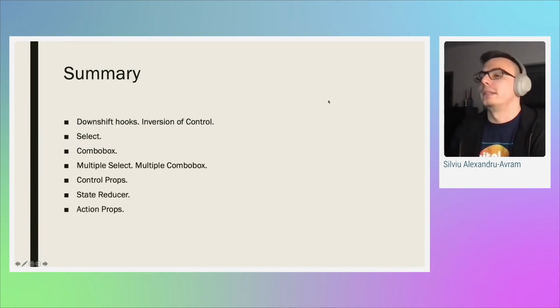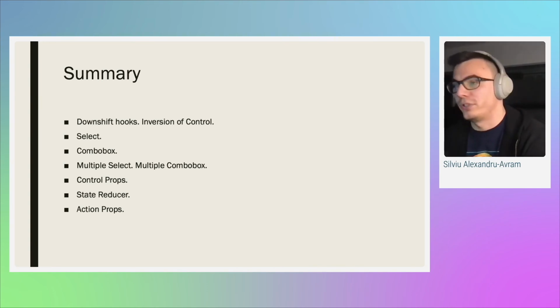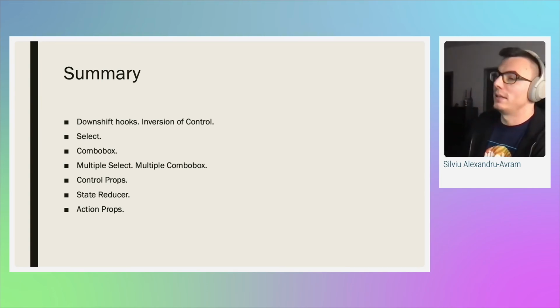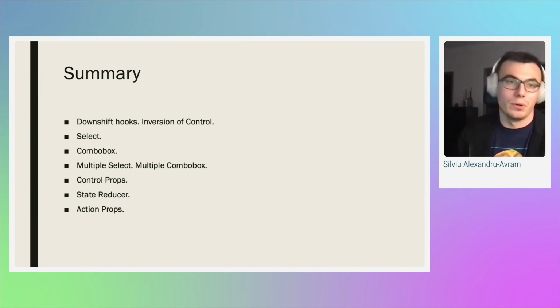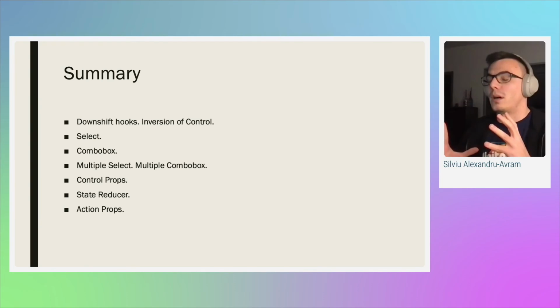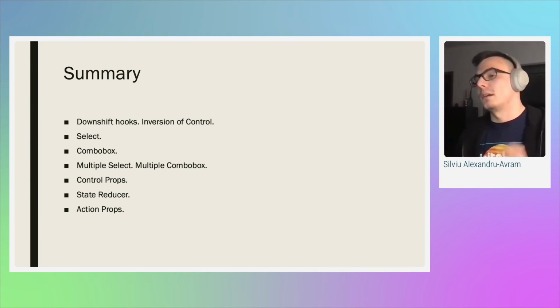So what we talked about today: we talked about what makes Downshift different. What makes Downshift different is that it doesn't render anything. You are in control of what you render. You can use whatever UI you want. Maybe you already have a design system with basic components already implemented. You can use Downshift hooks as your building blocks to make a select out of them, or a combo box.